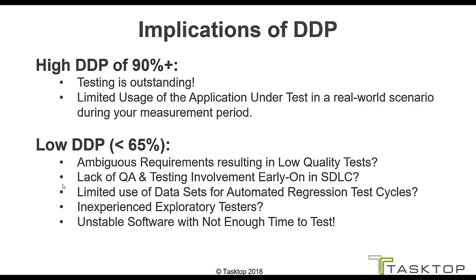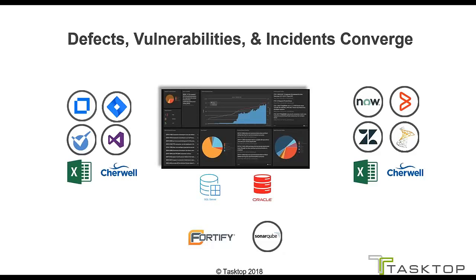But in order to monitor DDP, you need enabling technology to tie it all together. Make no mistake, there are ways you can build this, but look at all the best-in-class tools that make up our ecosystems today as quality assurance testing leaders. We have tools galore, and organizations where different business units use different tools and different tracking devices. Fortify is a great tool, I've used that on demand, and SonarQube.